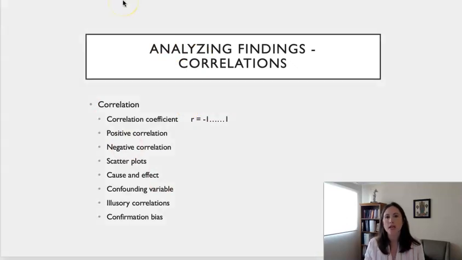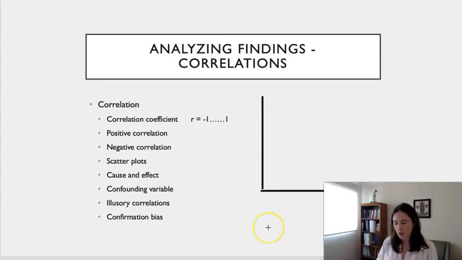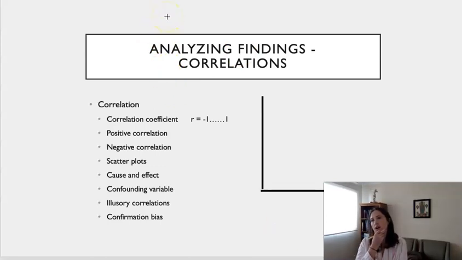For example, let's do a couple of ones here. First one we're gonna do, what you do for a scatter plot. You have your two variables here. So for example, let's do a positive correlation. We'll do a different one.